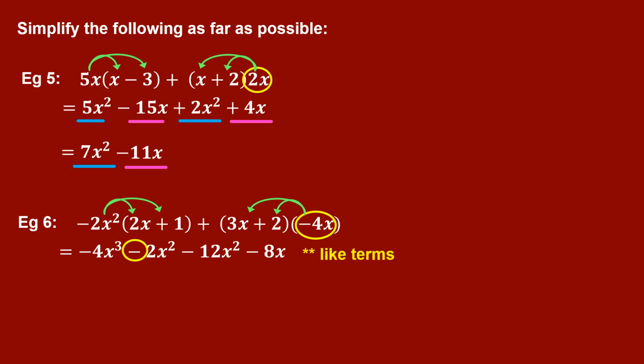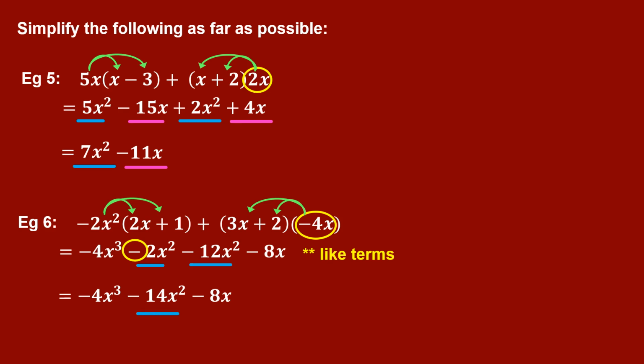And now we look for our like terms. And the only two like terms we have in this expression are minus 2x squared and minus 12x squared. So we end up with a final answer of minus 4x cubed, minus 2 minus 12 gives me minus 14x squared, minus 8x.